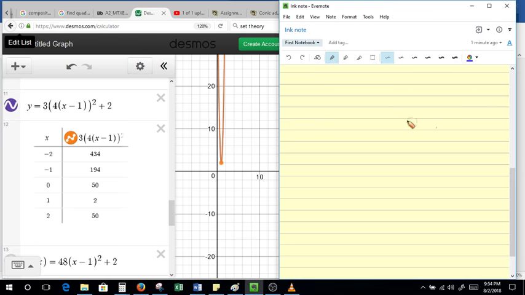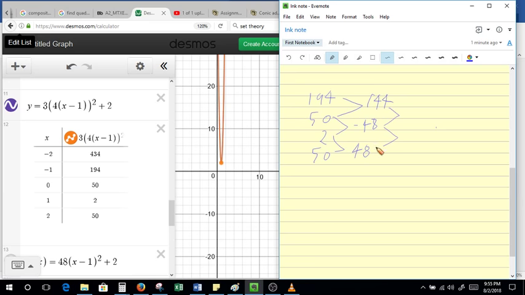So first of all, we can test if it is a quadratic by making sure the second difference is the same. So 50 to 2 is 48, 2 to 194 is 48, and then 44.